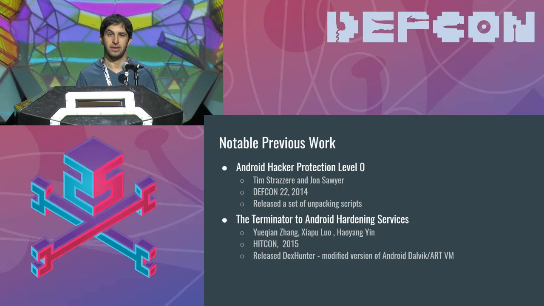They also released a set of scripts that work on some of the packers and dump the DEX file. Another very interesting talk is from the guys that released the DexHunter tool, which is a modified version of the Android Dalvik or ART VM, and it really reconstructs a new DEX file from the memory.